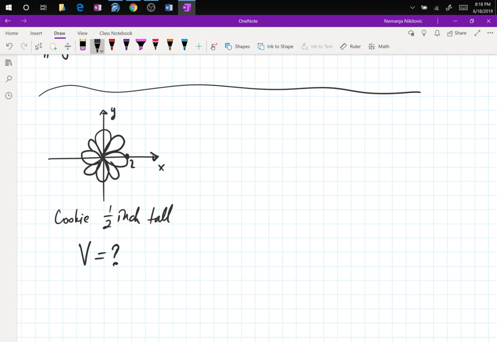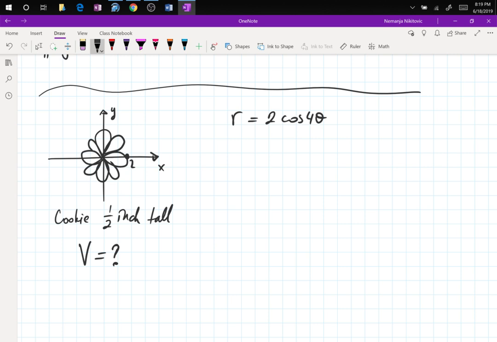So to graph this, we are going to use cosine of 4 theta. So r is equal to 2 cosine 4 theta. The amount of petals is 8. Divided by 2 is 4, because the even numbers double for petals and odd numbers stay the same.